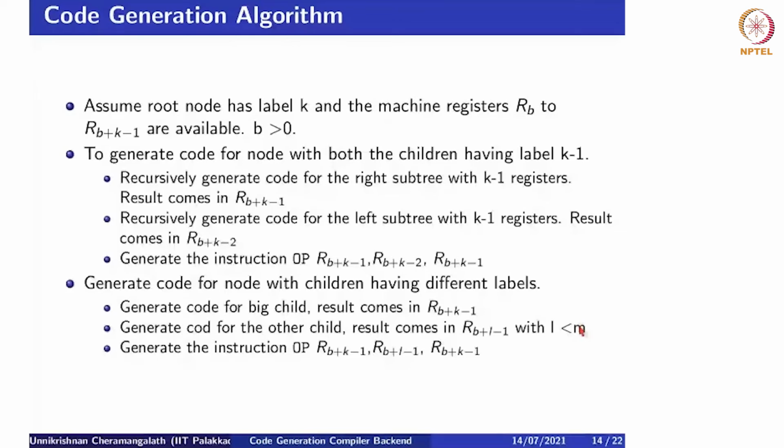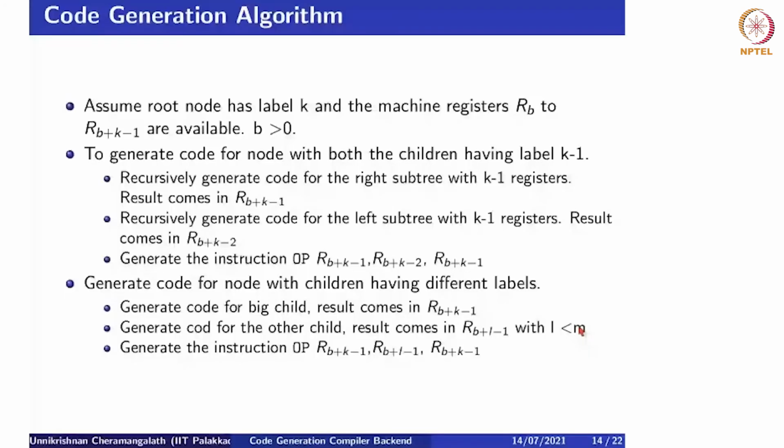So from what I understand, when we generate code for the big child it will consume the larger number of registers. So we allocate B plus K minus 1 registers for the big child. Once we have computed the big child and stored the result in a single register, we deallocate all those registers and use them for the other child.